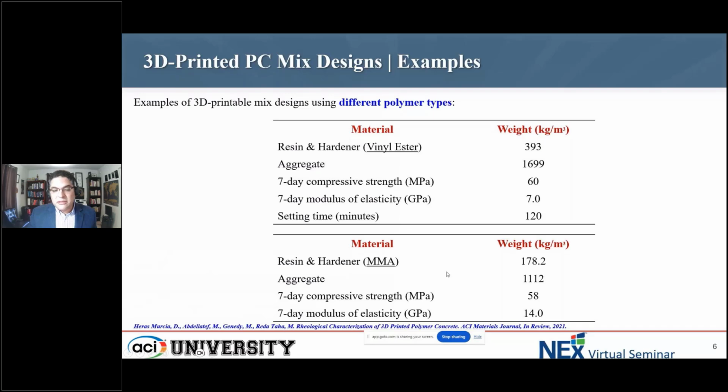This is another mix we did with methyl methacrylate with a strength of about 58 megapascal, very close again, about 8,000 to 9,000 psi, in 7 days. So these are high strength materials, and the technology for using polymer concrete is well established and studied before. We've done a lot of research on it over the past 20 years, but here we are more interested in taking it to 3D printing.